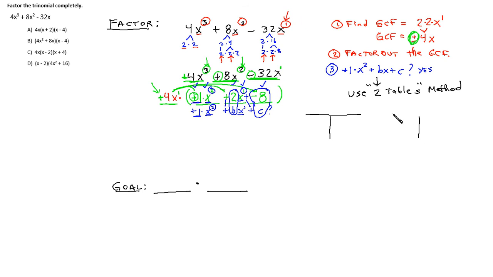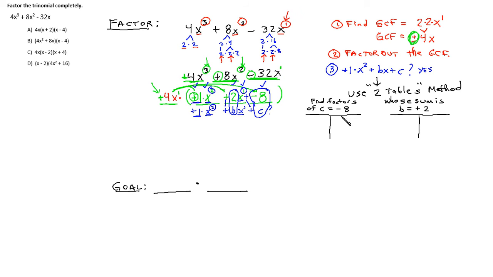The first table, we need to find the factors of c. The c that we identified is negative 8. The second table is the same two factors whose sum is b, and b is positive 2.